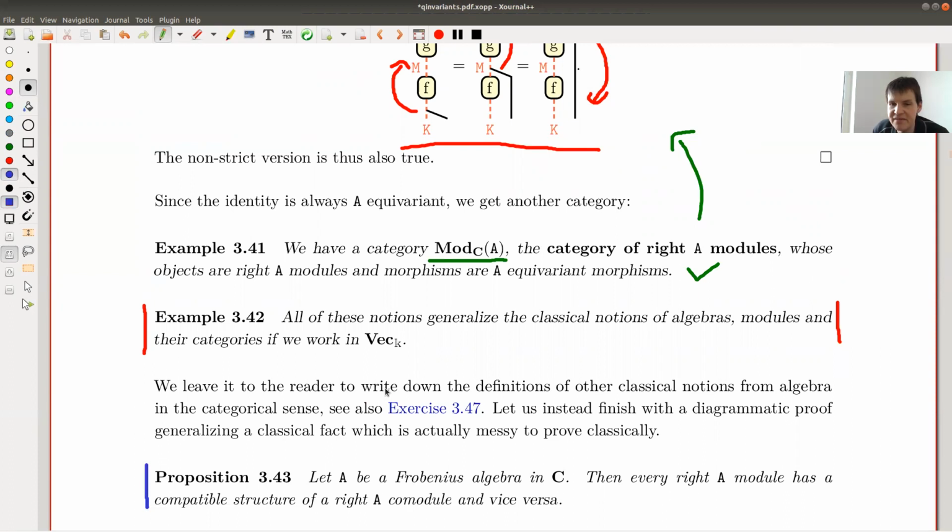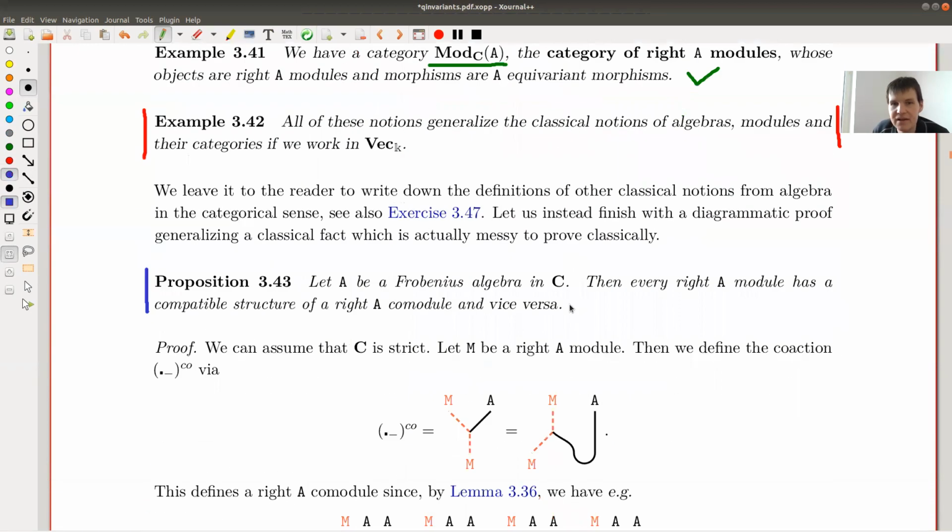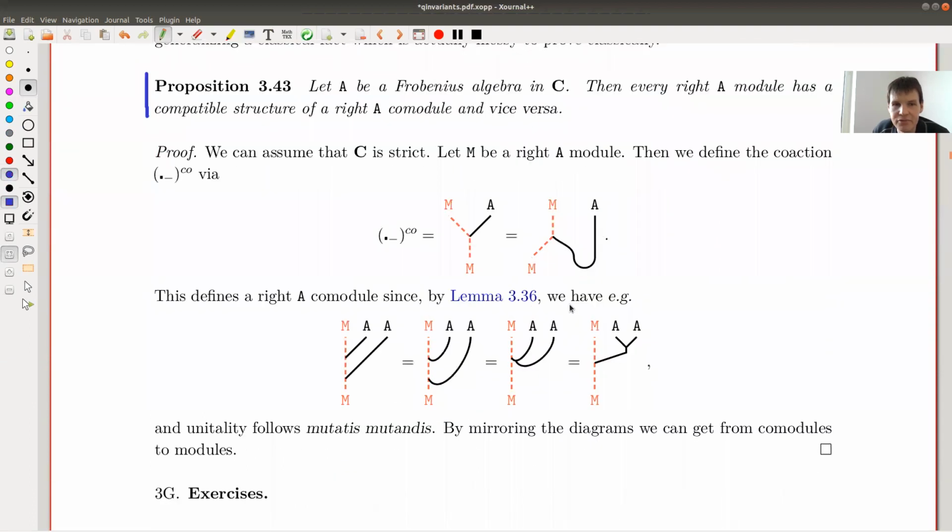If you have a Frobenius algebra, then every right A module is also actually a co-module. What is an A co-module? You can think about what it is, right? You just turn your pictures upside down, and that's it. How do we do this? Well, here's the proof. This is already done, so we're almost done.